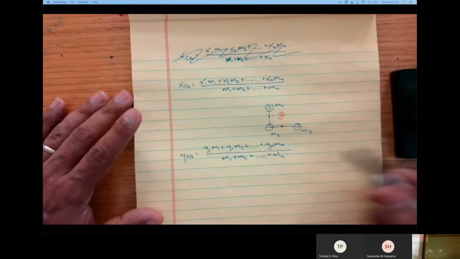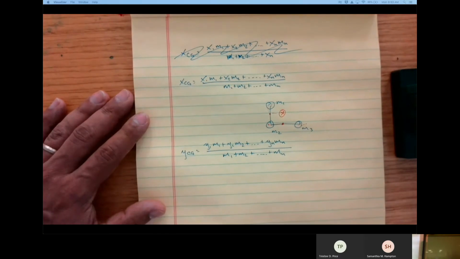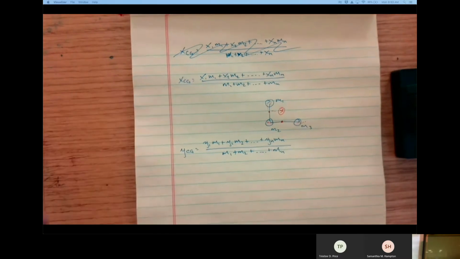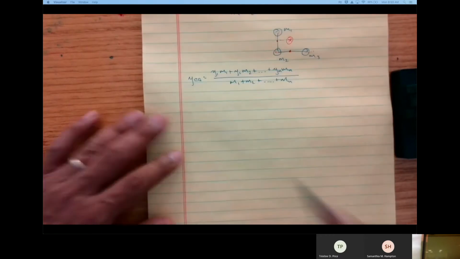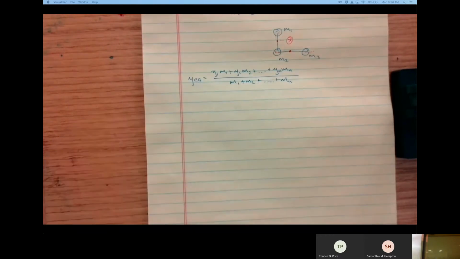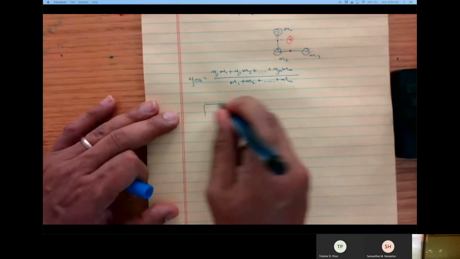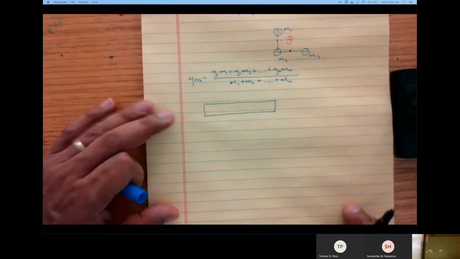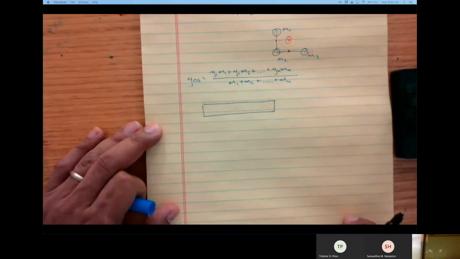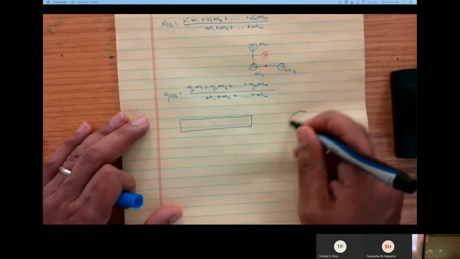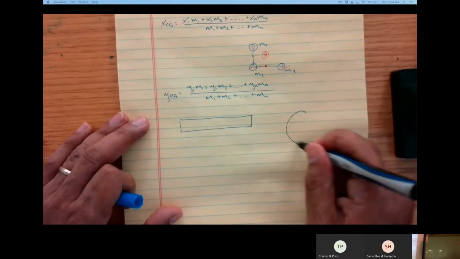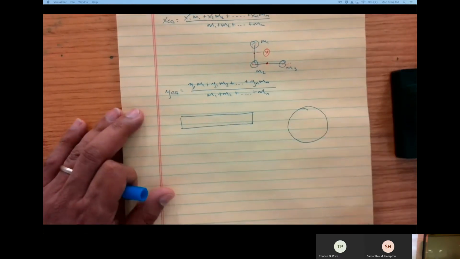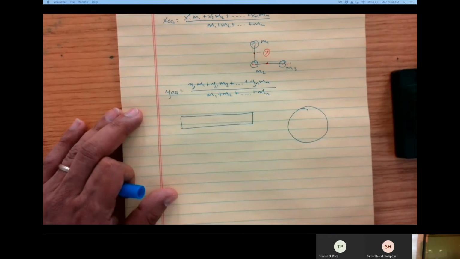Now, if you have something like an arm, at the end is the example that we want to talk about. For something that looks like an arm, or you can imagine a disc or a sphere, the center of gravity is going to match with the geometric center of that object.